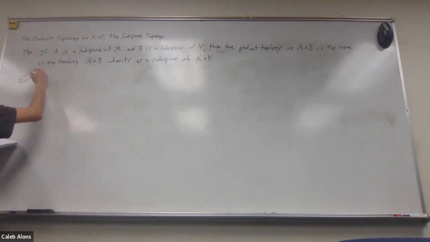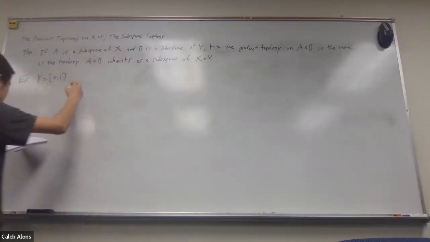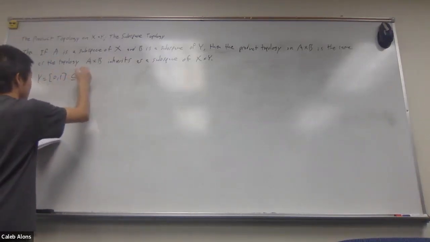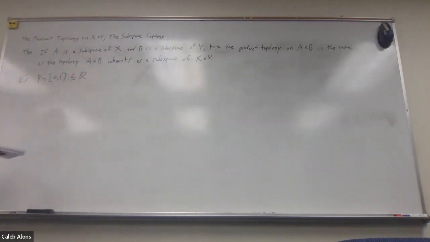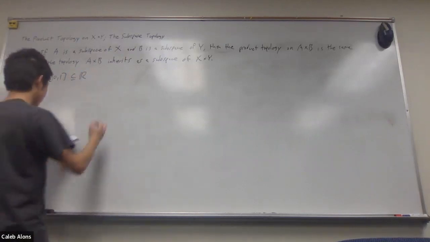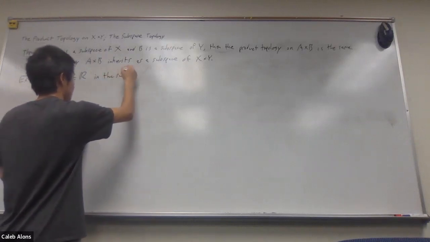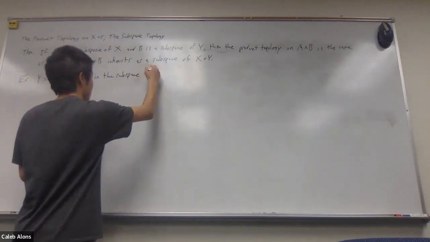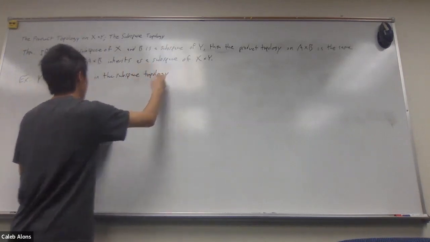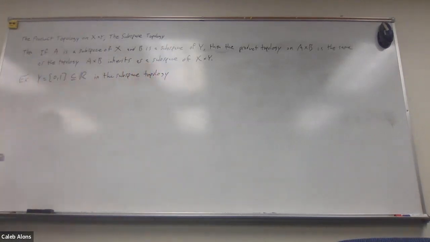Let me take Y as [0,1], a closed interval in R, in the subspace topology. Because we know that R is ordered, it's going to have the order topology.